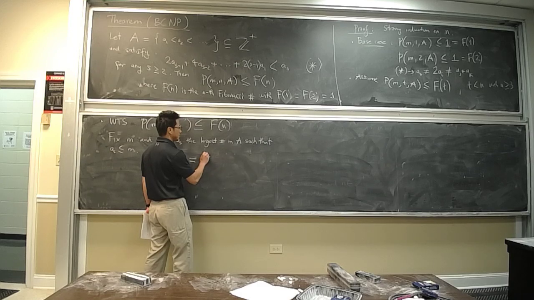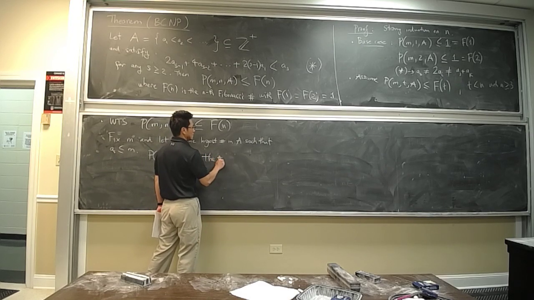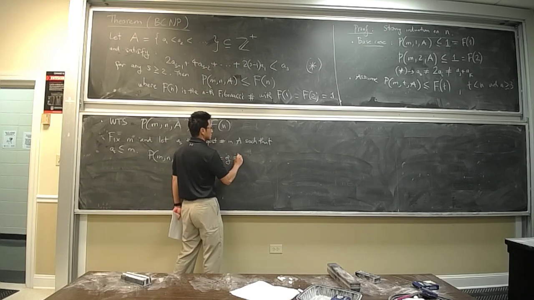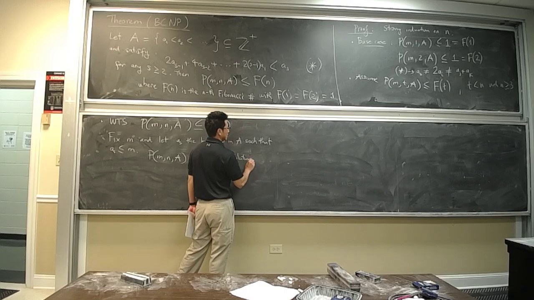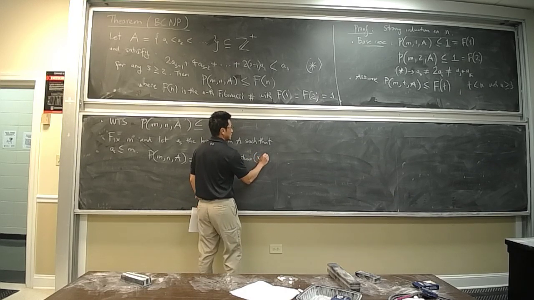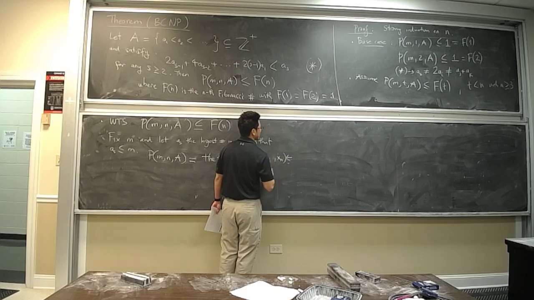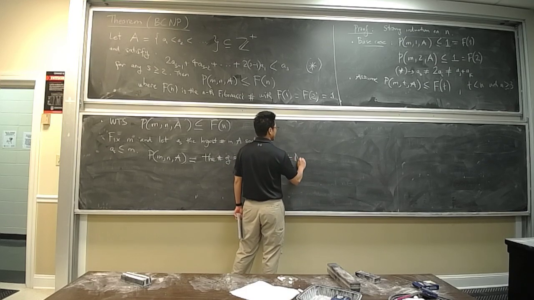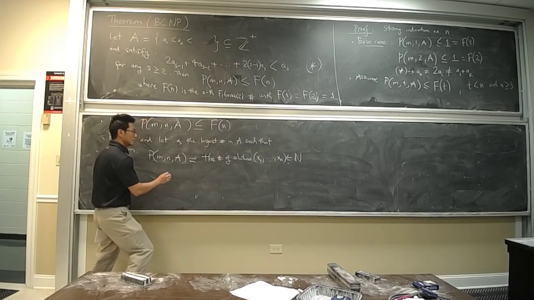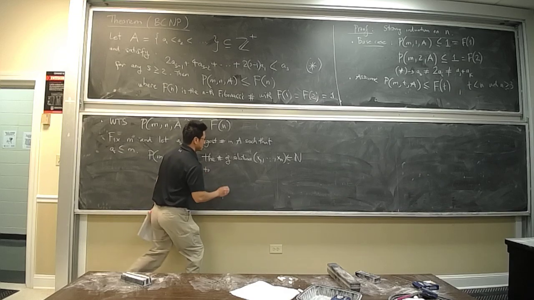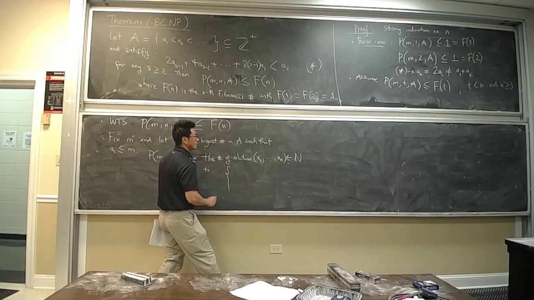All right. Well, with this setting, we can identify the number of such partitions with the following. It's going to be the number of solutions x1 all the way up to xs in the nonnegative integers to the following system right here.